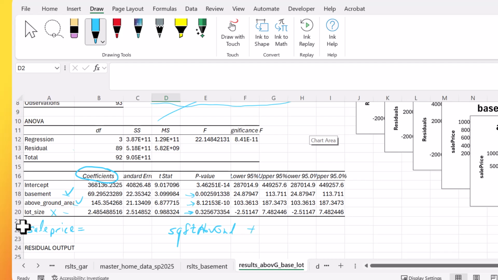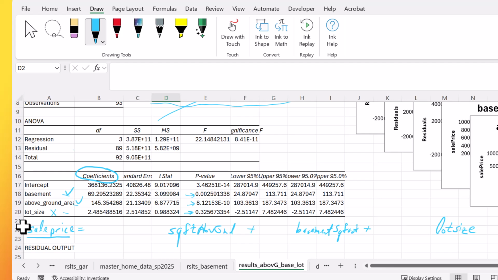It's also going to be some kind of a function of the basement square footage and it's also going to be some kind of a function of the lot size. And our regression tells us in its way how much our sale price will vary when we change the square footage, basement square footage, and lot size. Why those variables? Because those are the variables that we chose to include in our model.